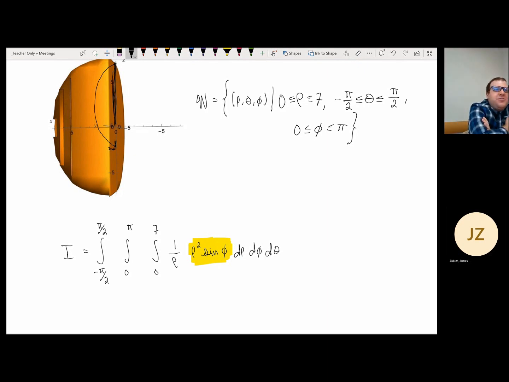Is there a theta anywhere in the integrand? No, right? What about bounds for rho and phi? Do rho and phi depend on theta at all? No. So we can just integrate with respect to theta, which is the length of the theta interval. That's just pi, isn't it?